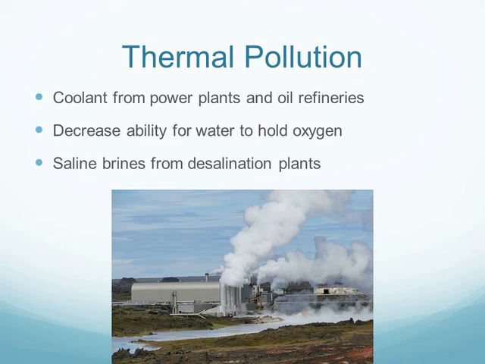Next, we have thermal pollution. Thermal pollution is when you introduce hot water into the ocean. So a lot of times this occurs when you have industrial companies near streams and oceans that use the ocean water to cool down their machinery.